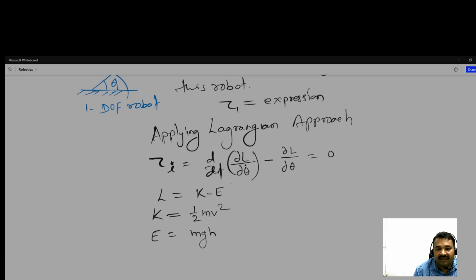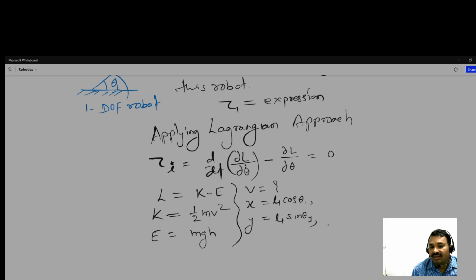Our purpose is to find V. So let us find the x coordinate and the y coordinate for the given robot. It is 1 degree of freedom, so x is L1 cos theta 1 and y is L1 sin theta 1.